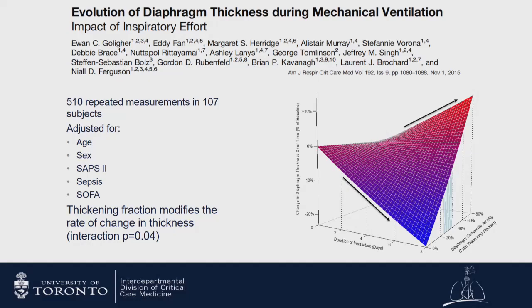So when there's no diaphragm activity, there's a rapid decline in diaphragm thickness, loss of diaphragm muscle leading to atrophy, which is associated with worse outcomes and longer duration of ventilation. And contrast that to the patients who maintained a relatively normal amount of diaphragm activity. Their diaphragms remained unchanged, and they got off the ventilator sooner. So there's some balancing to do here between allowing and avoiding spontaneous breathing. Next slide, please.